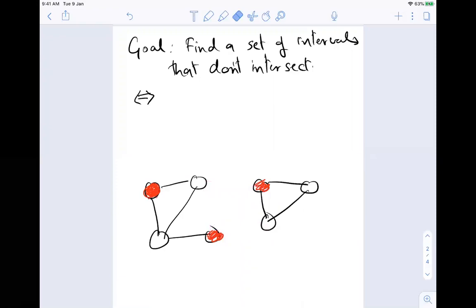Let me see. Okay, that might be possible. That is possibly right.